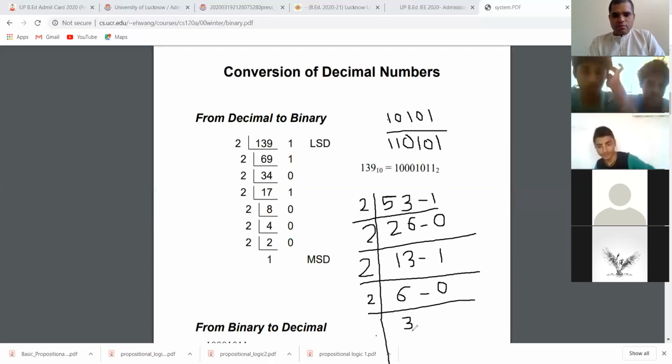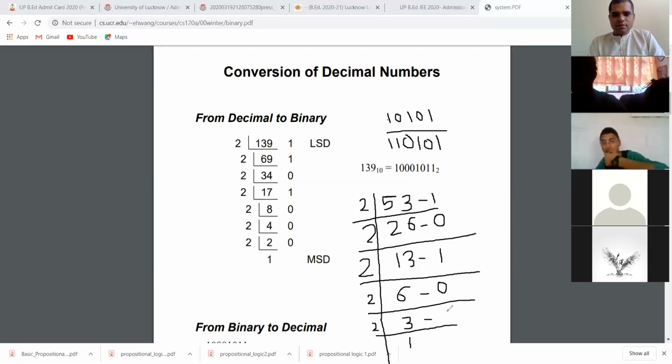Divided by 2, you will get here 1, and here you will get remainder 1.